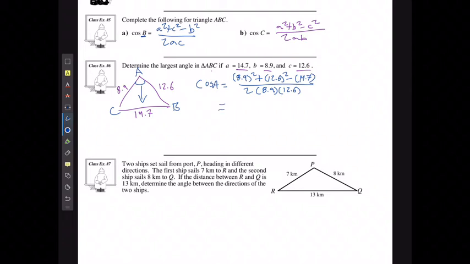Which would give me 21.88 divided by 224.28.